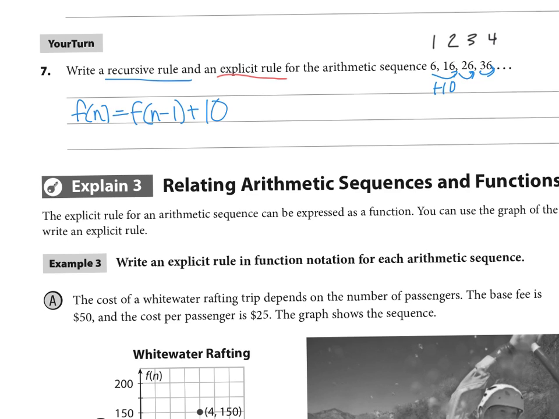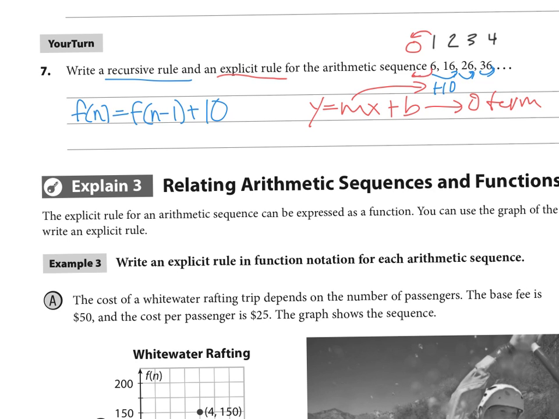For the explicit rule, it's y equals mx plus b. Well, we know what m is. m is the slope, which is 10, because we're adding 10. What we need is b, the 0 term. This is why I made it kind of as a table. I've got to go back to the 0 term.